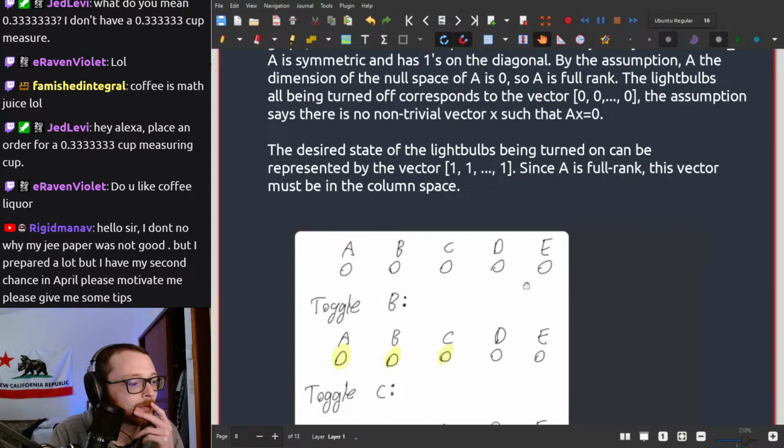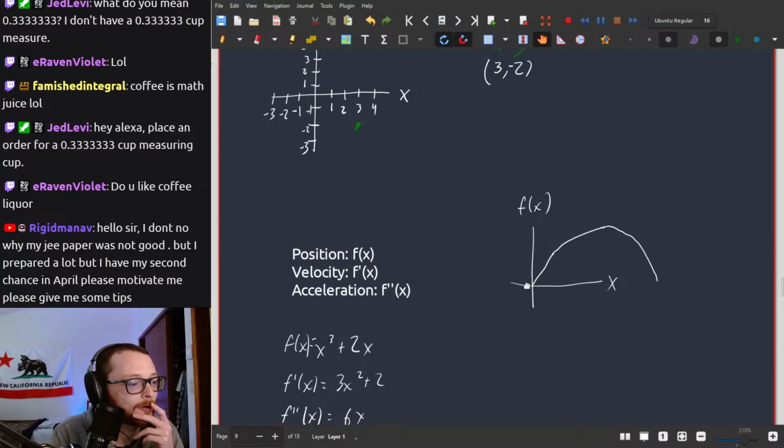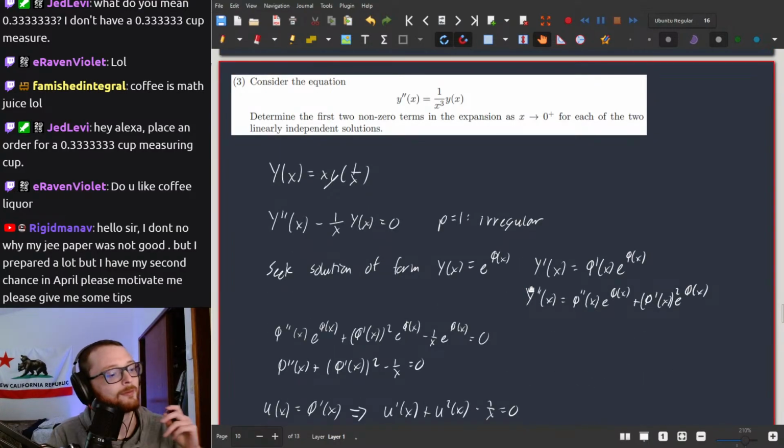Rigid says: I don't know why my J paper is not good. I prepared a lot. I have a second chance in April. I'm sorry to hear that, Rigid. The JE looks really tough. Yeah, when it comes to stuff like that, all you can do is try your best. And even if it doesn't work out, you'll find another path somewhere.